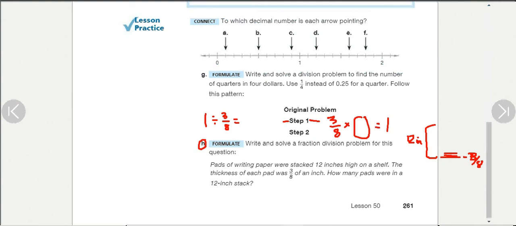So really that's 1 times the reciprocal, 8/3. So the answer is 8/3. There's 8/3 in 1. That's step 1. Now step 2, we multiply this by how many there are in total. How many inches? 12. We're going to multiply 8/3 by 12.